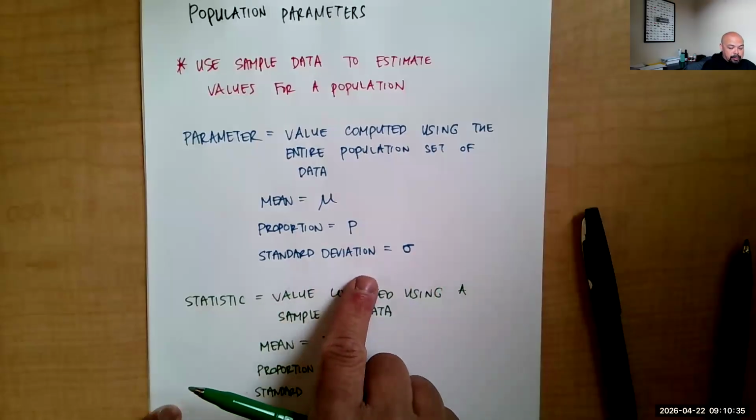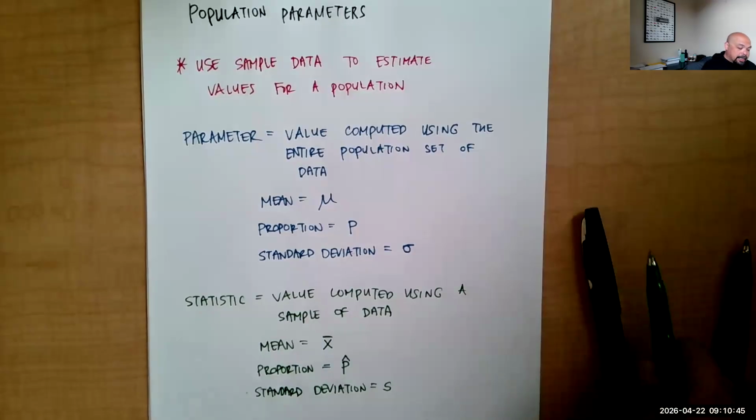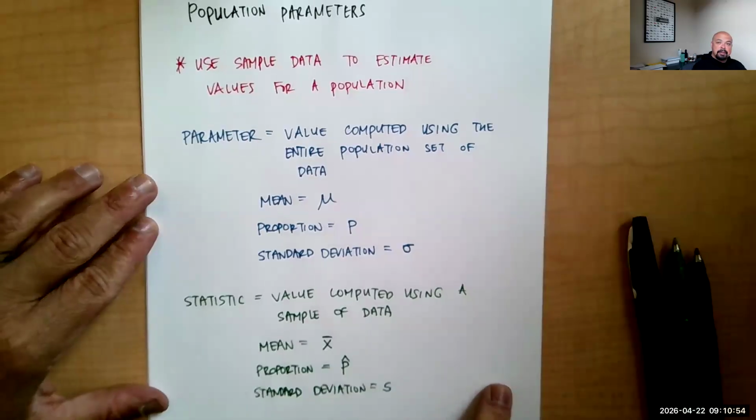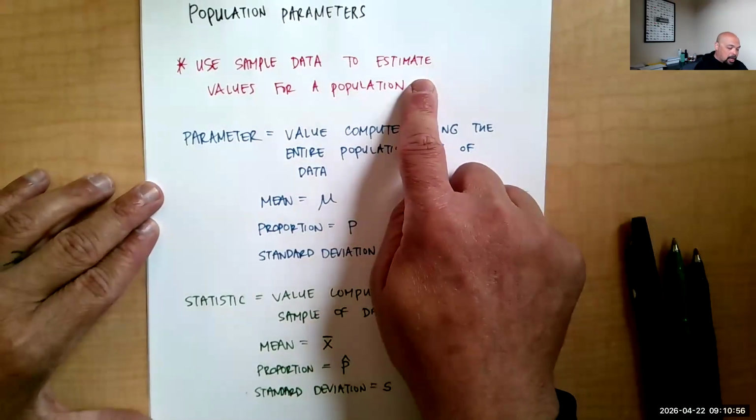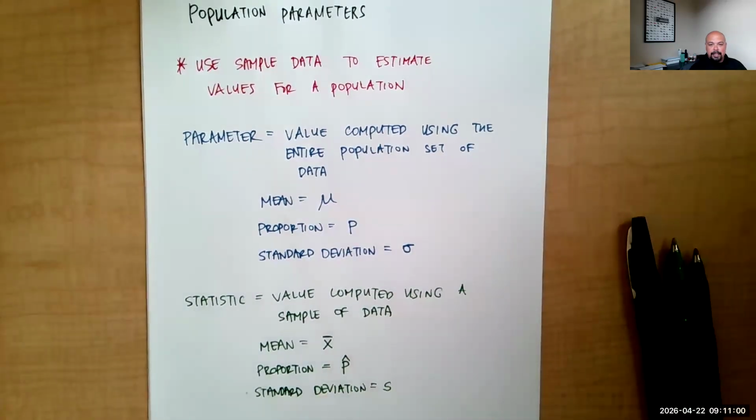So the population variance would be sigma squared, and the sample variance would be the sample standard deviation S squared. So the idea is that if we can't calculate for the full population, we don't have access to all that data, hopefully we can get a good estimate, a guess of what that population value would be based on that sample data.